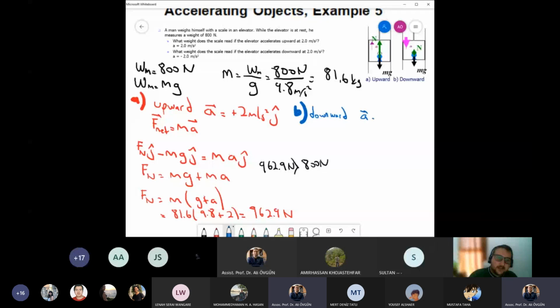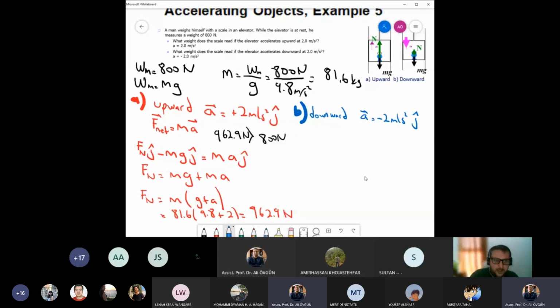Acceleration is minus 2 meter per second squared j. So what will be the weight of the man? How can you calculate it?